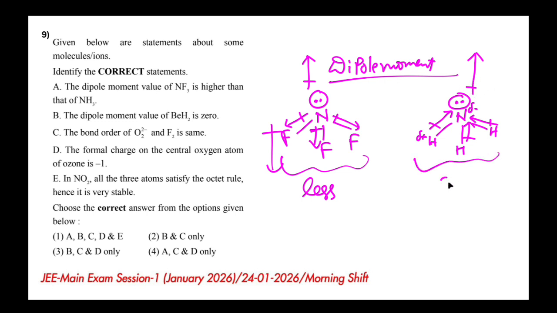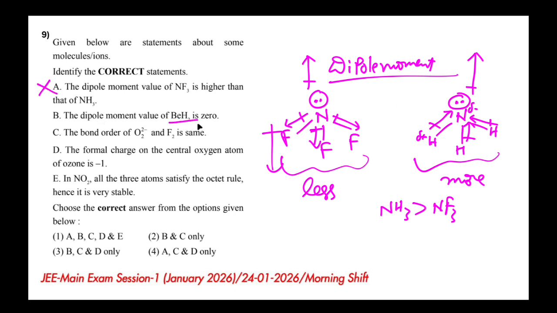So NH3 has more dipole moment than NF3. So A is the wrong option.